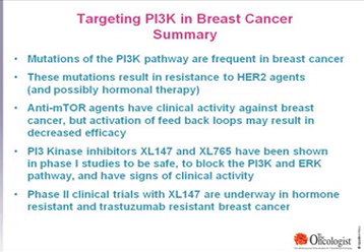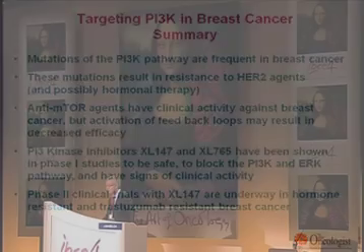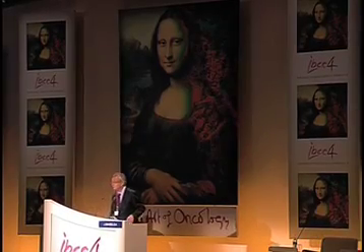The PI3 kinase inhibitors, XL147 and XL765, have been shown in phase 1 studies to be safe, to block the PI3 kinase and the ERK pathway, and they have signs of clinical activity. And phase 2 clinical trials with XL147 are underway in 2 settings, in hormone-refractory disease and also in patients that have failed trastuzumab. With this, I'll thank you very much for your attention.